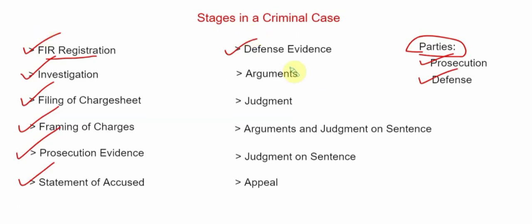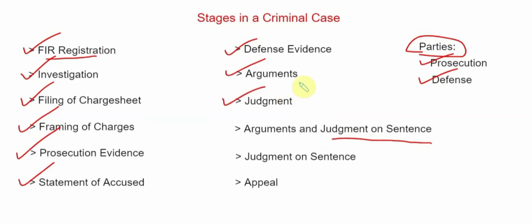After the defense evidence, arguments will take place before the court, and based on the arguments, the judgment is given. Now I have to differentiate between judgment as to the guilt of the person and judgment on the sentence, which is the next step.